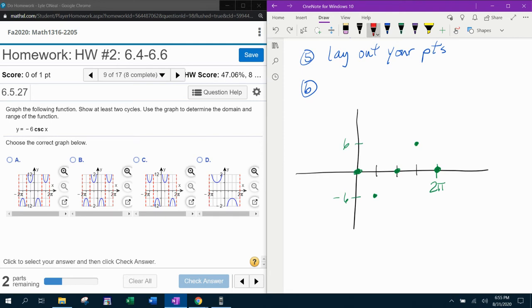What we're going to do instead is label this step number 6 for cosecant. On the x-intercepts, those are now going to become asymptotes. So at every x-intercept, you're now going to have vertical asymptotes.